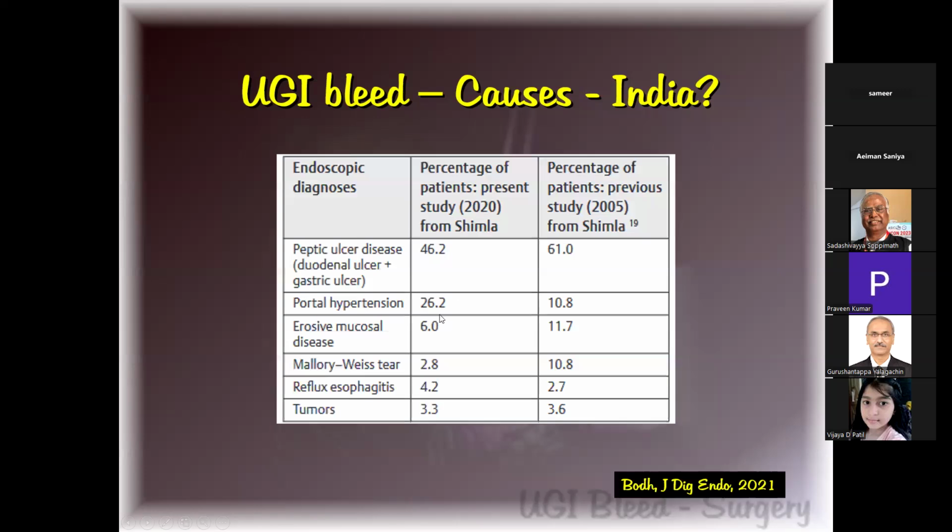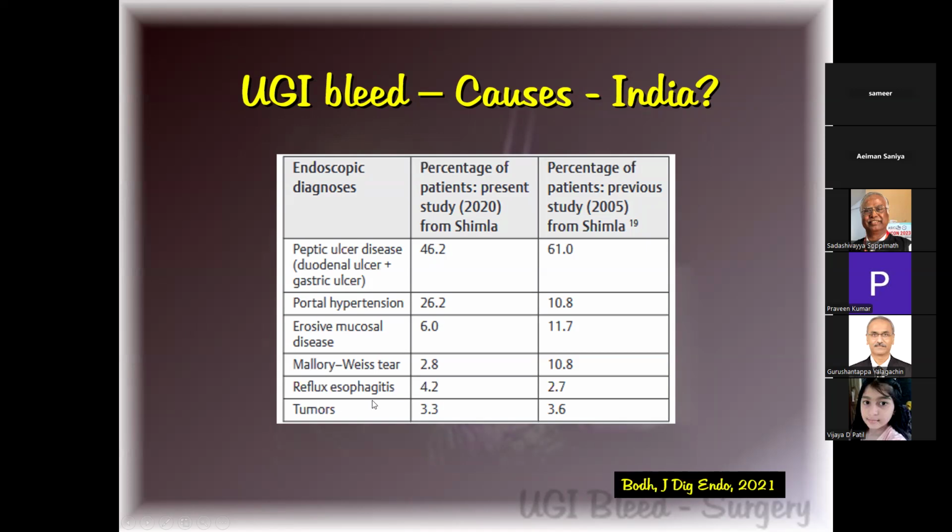We don't know why, probably more alcoholism, probably more chronic liver disease from infective hepatitis and the like. But there is almost a threefold or 2.5 times increase in the variceal bleed. So the Indian scenario does change a little bit as far as the incidence is concerned.